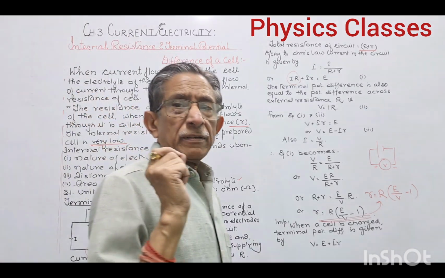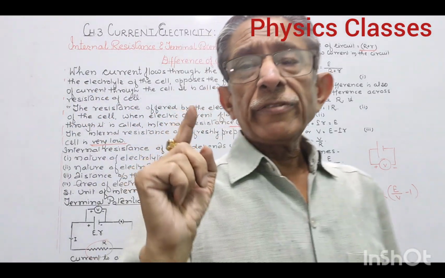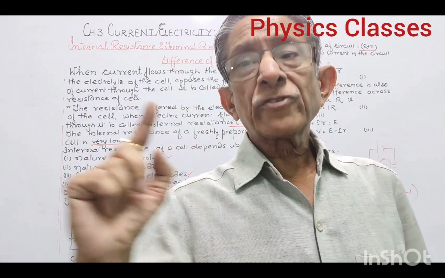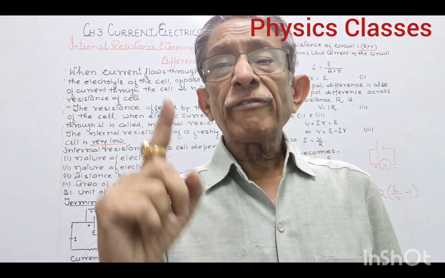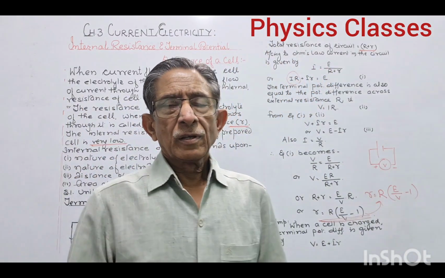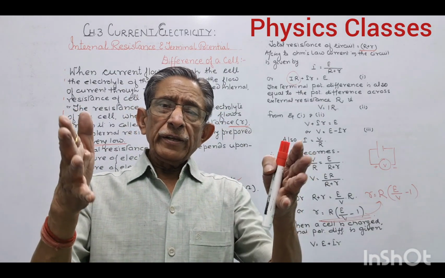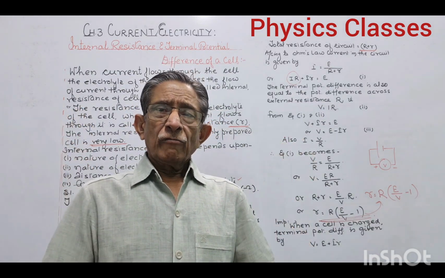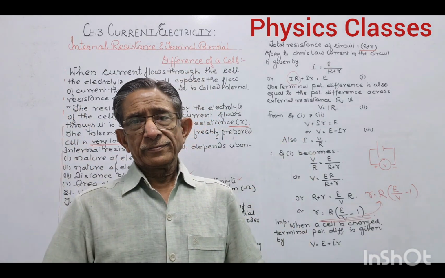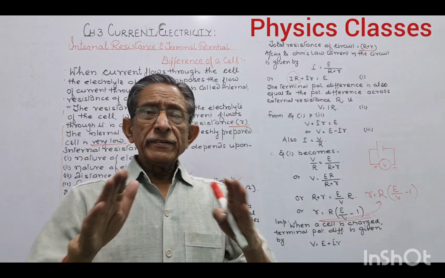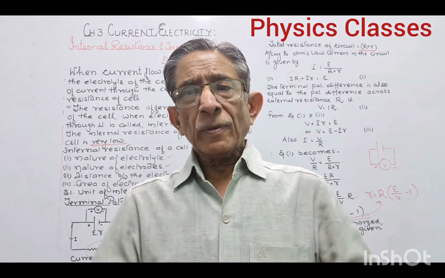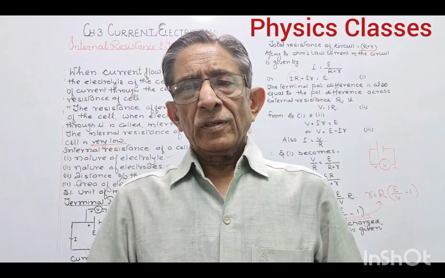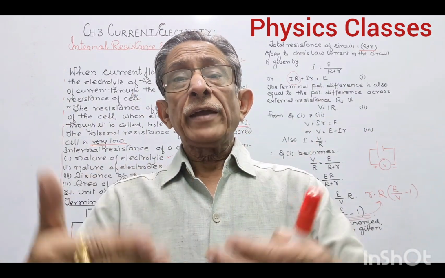We were studying till now when the cell is supplying current, or the problem was of discharging. Students, in our home, we have inverters. So when the power is off, supply is off, then the inverter supplies us current.